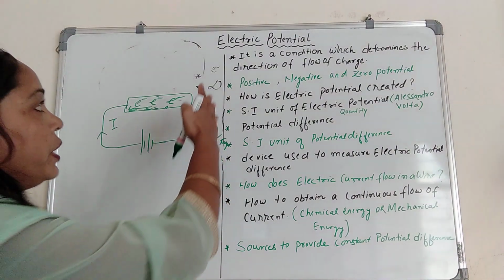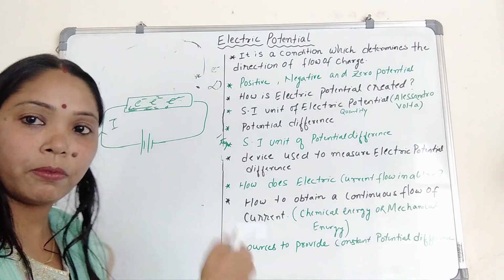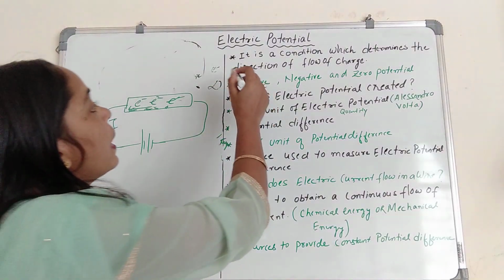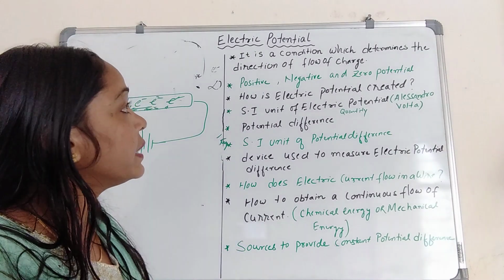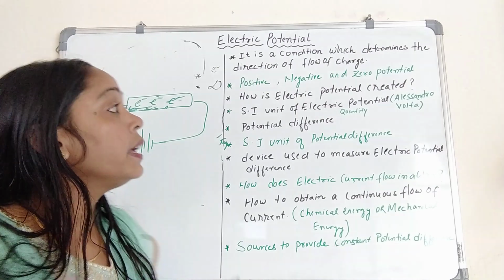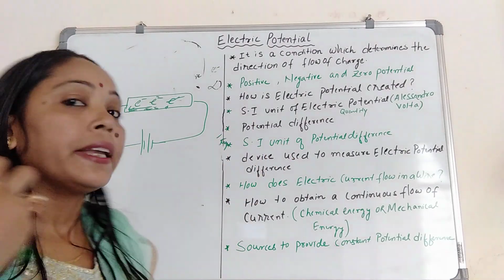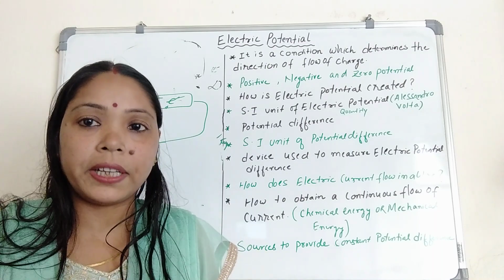So we have covered all the topics. Let's recap once more. Electric potential is a condition which determines the direction of flow of charge. Electric potential can be positive, negative or zero.